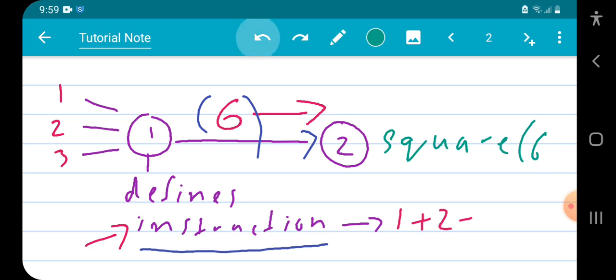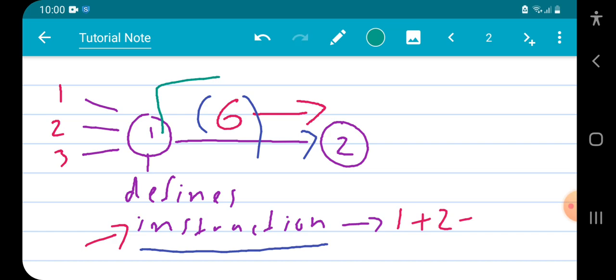Artificial neuron number 1 is different from artificial neuron number 2 because artificial neuron number 1 adds the data, whereas artificial neuron number 2 squares the data.